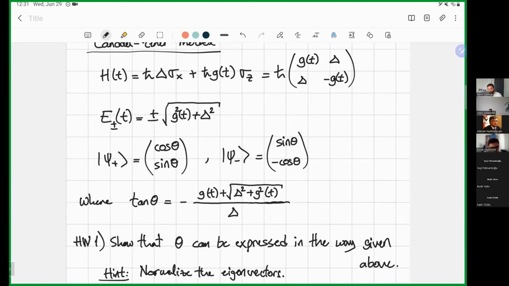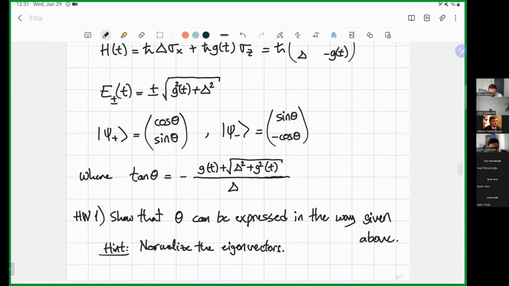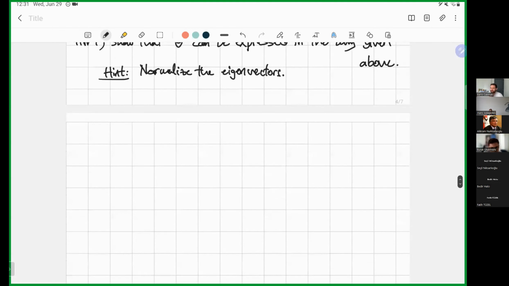This g(t) is the parameter in the Hamiltonian that we are basically changing. We are, in some sense, driving. Therefore, it can have a general form, but let's say that we have the following form for g(t).